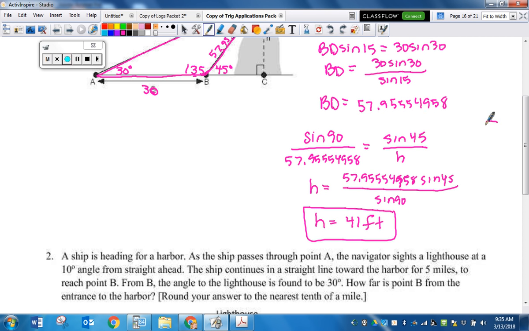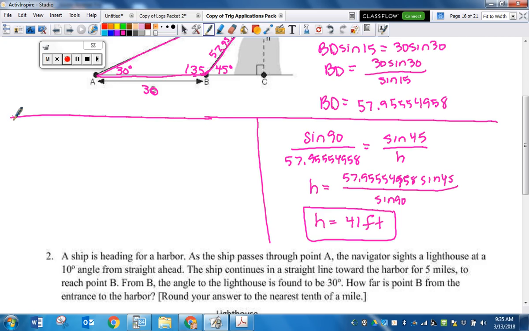So I would still do this part the same. But I also could have said, okay, well, this is a 45, 45, 90. And in a 45, 45, 90, I know the relationship is x, x, and x radical 2.